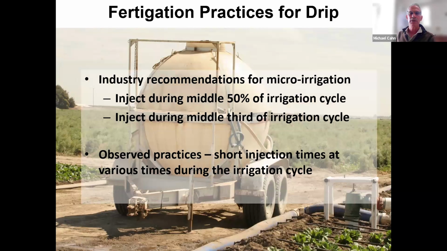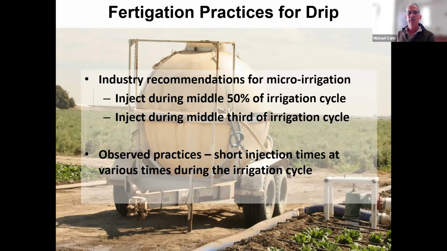The irrigation industry recommends for microsystems to inject in the middle 50% of the irrigation cycle. So you irrigate for 25% of the time without fertigating. In the middle 50%, you would inject fertilizer, and then the last 25% is with clean water to flush out the fertilizer.